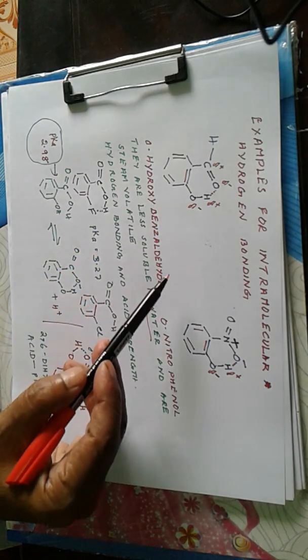And when steam is passed through a solution containing orthohydroxybenzaldehyde or orthonitrophenol, these molecules will come along with the steam. We say these compounds are steam volatile. And if we condense the steam, if we cool the steam, then we get two liquid layers.